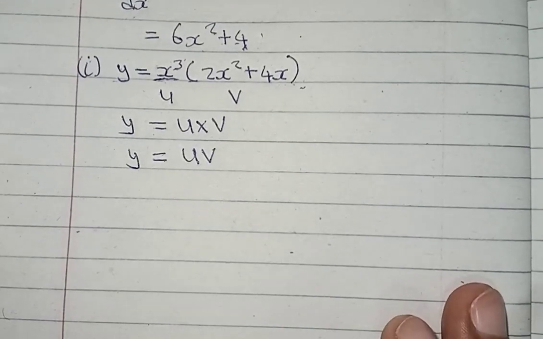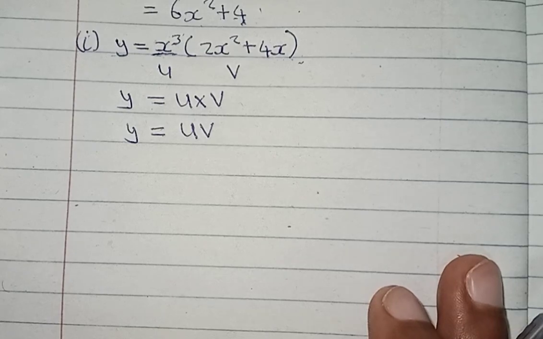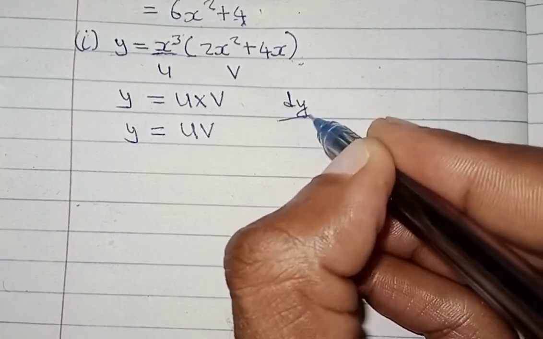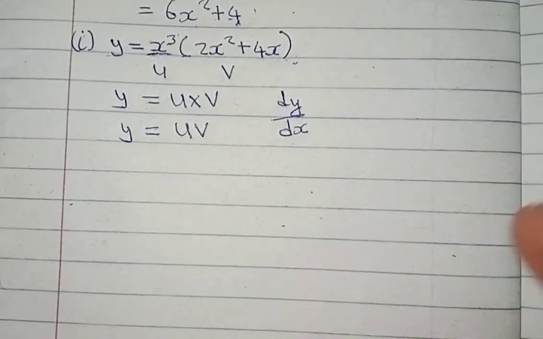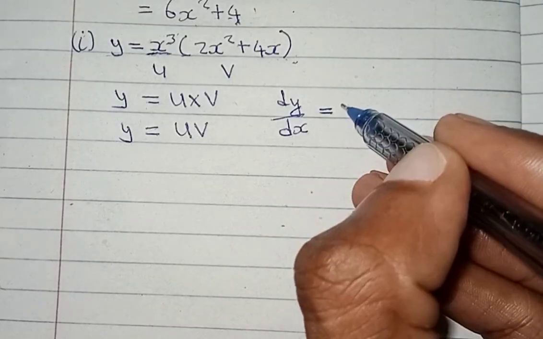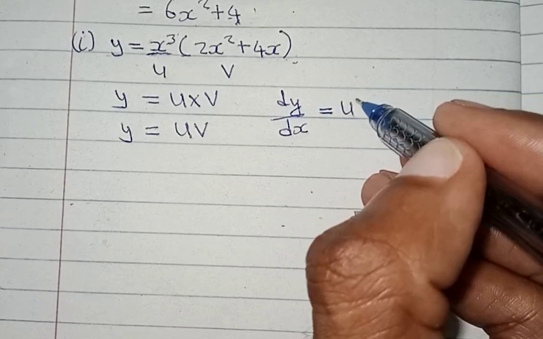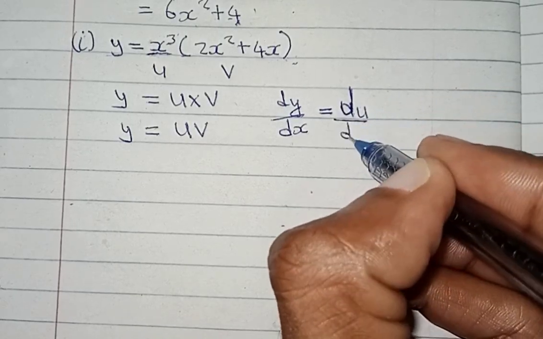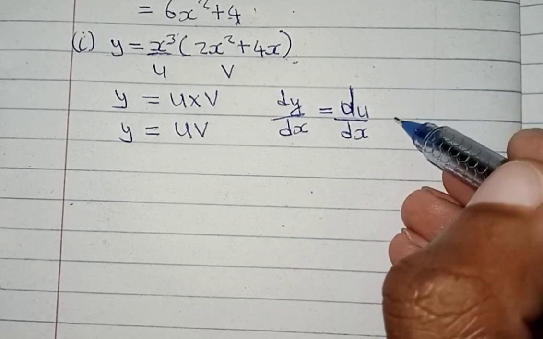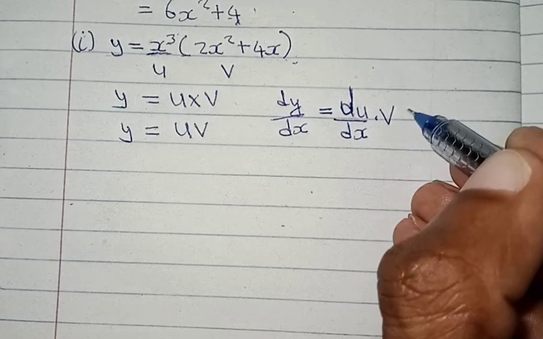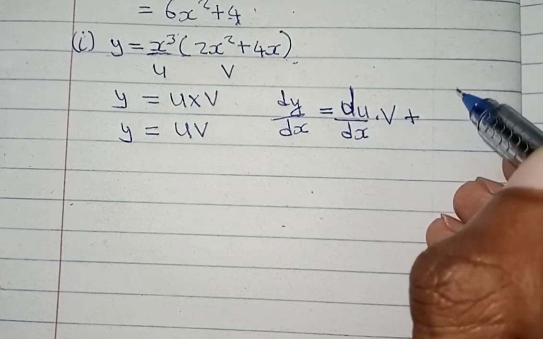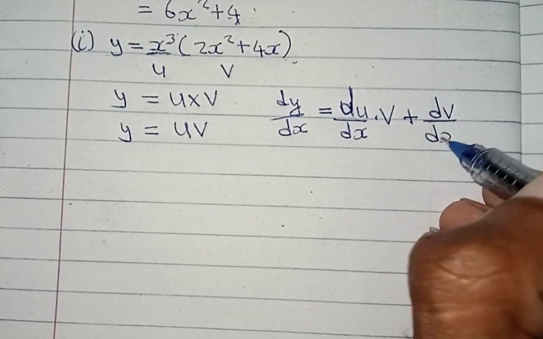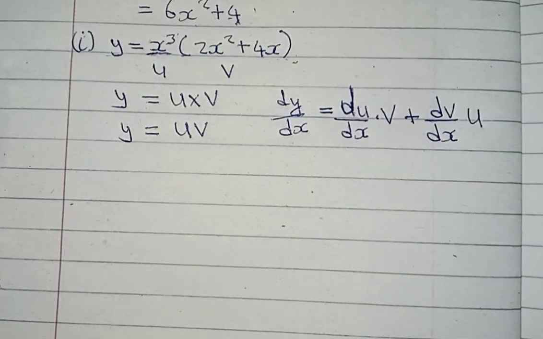like that. To find the derivative of this function, we follow the simple rule. dy/dx, which is the notation for differentiation, is equal to du/dx multiplied by v plus dv/dx multiplied by u, like that.